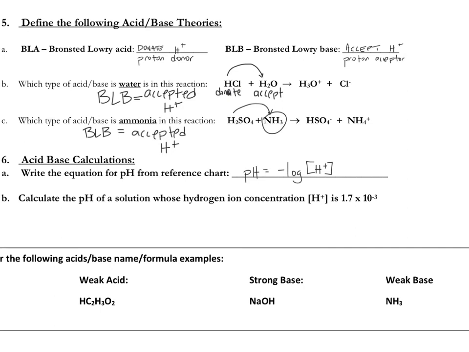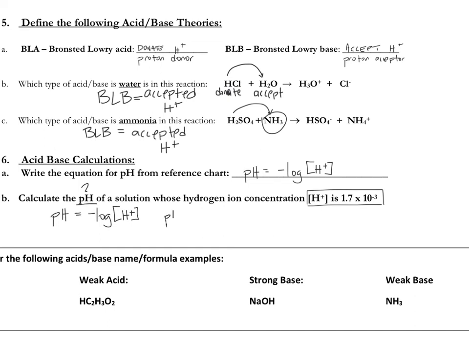Calculate the pH of a solution whose hydrogen ion concentration is 1.7 times 10 to the negative 3. So this is your H plus, and it's asking me to solve for pH. So pH equals the negative log of the hydrogen ion concentration.